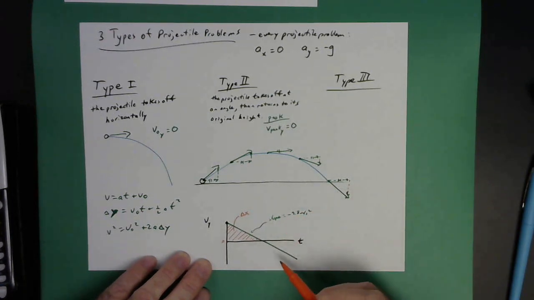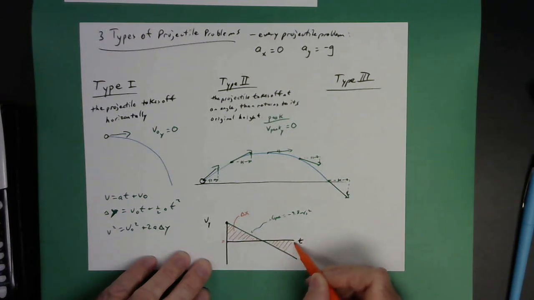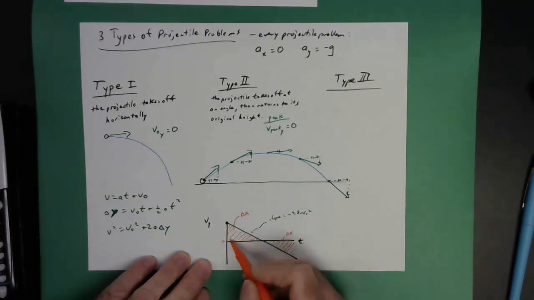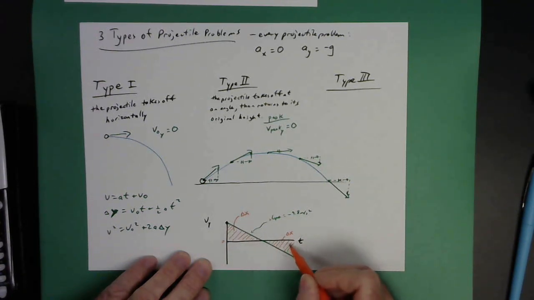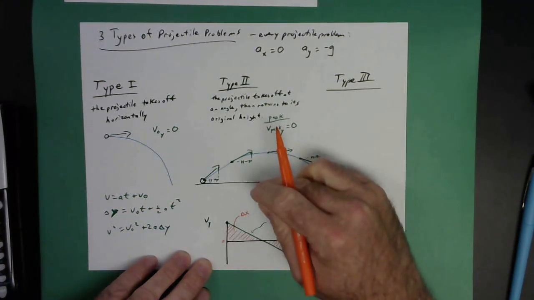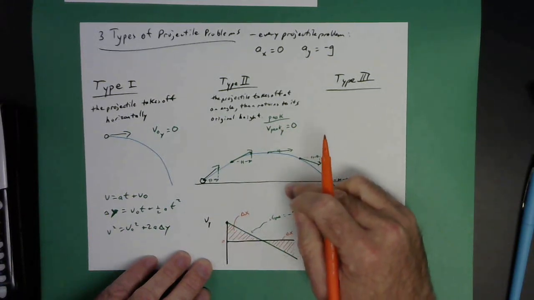It's the change in position. You know what this is over here, between the line and the time axis? That's displacement again. But you see how this area is above the axis? This is going to be a positive value. This area is below the axis. It's going to be a negative value. This is how far it went up. This is how far it goes back down.